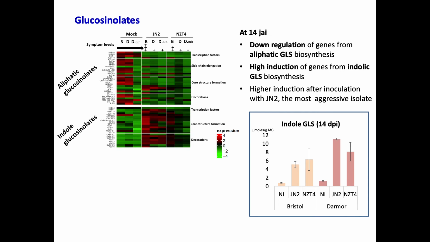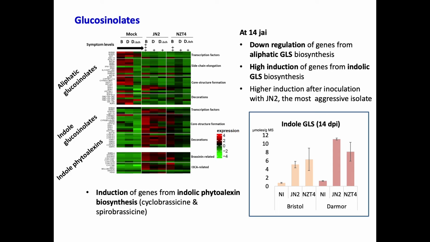These results were confirmed with quantification of indole glucosinolates in the stem by liquid chromatography. This showed the accumulation of indole glucosinolates after Leptosphaeria maculans infection in both genotypes, and an even higher accumulation was found in Darmor. We also found an induction of genes from indolic phytoalexin biosynthesis.